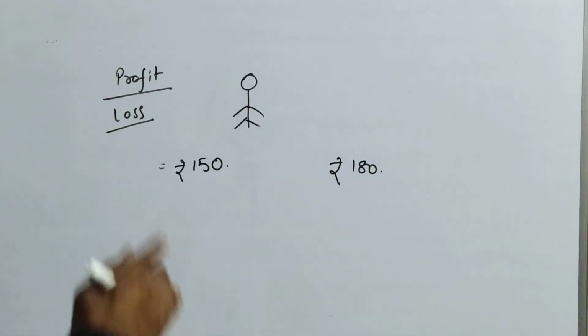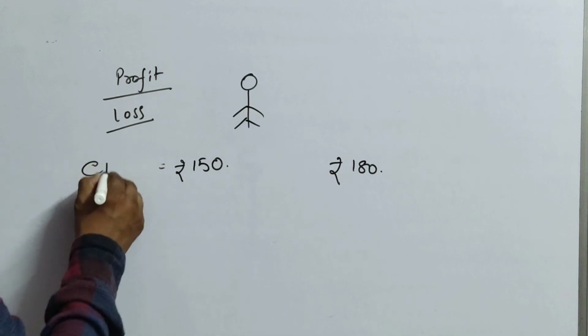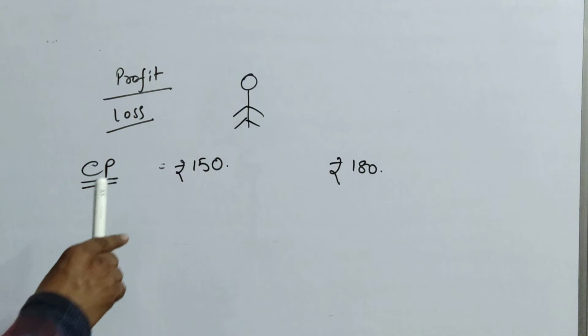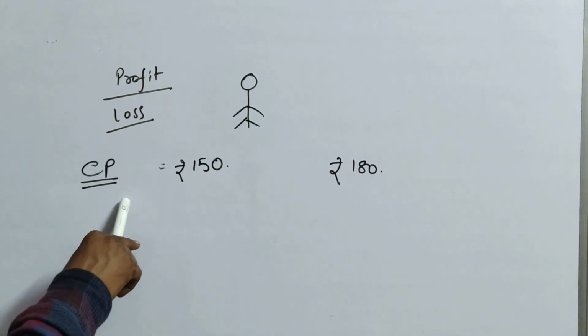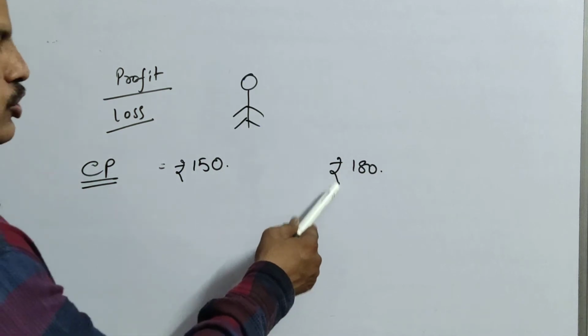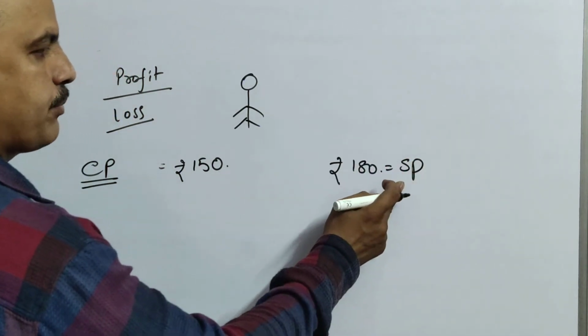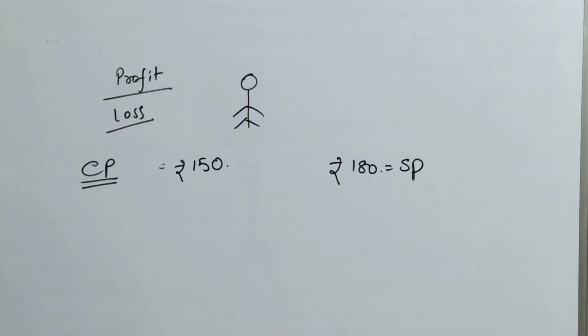The price at which the boy went to the shop and purchased is the cost price. So the cost price of the geometry box is 150. He sold it to his friend at the selling price of 180 rupees.